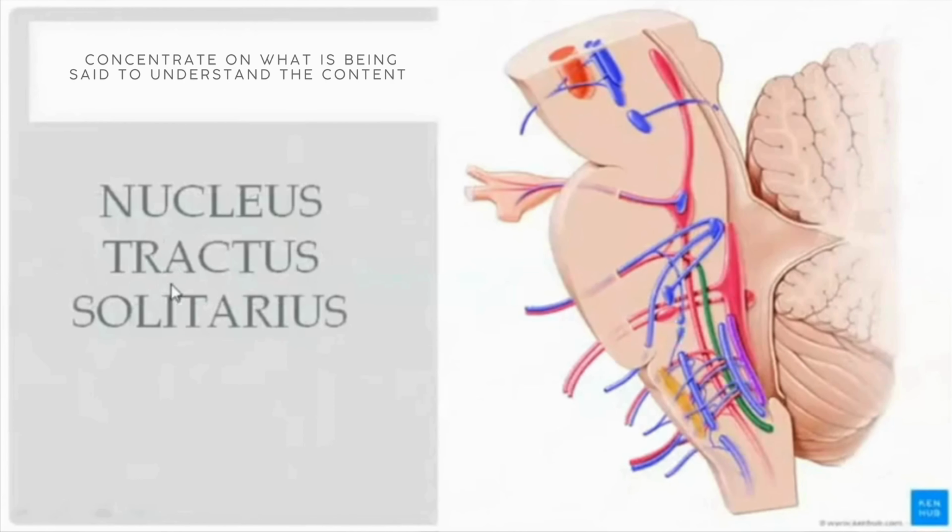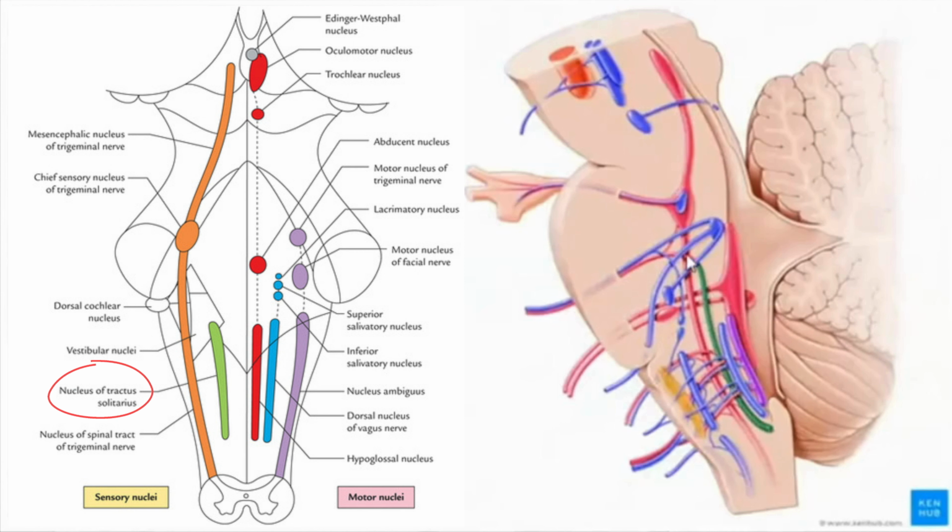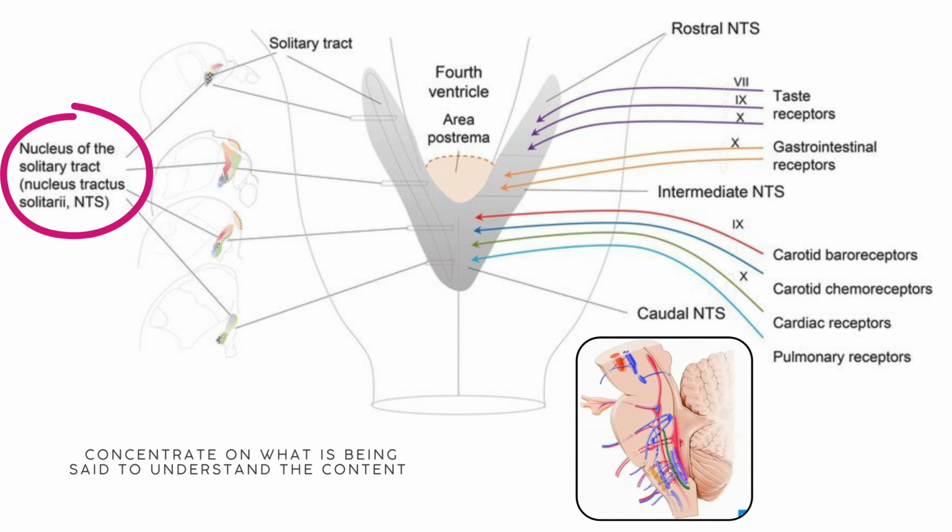Nucleus tractus solitarius is an elongated nucleus extending from the lower pons up to the medulla in both open and closed portion of the medulla, and it is deeply located. Nucleus tractus solitarius, I told you, was bringing both types of sensations, general visceral afferents in the lower portion, and the gustatory or special visceral afferent will be brought in the upper portion of this nucleus.